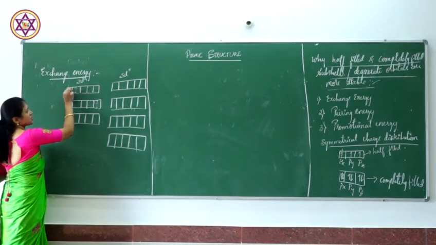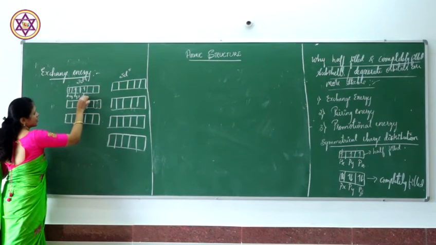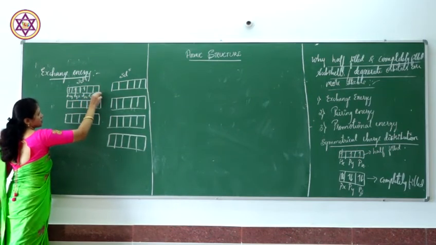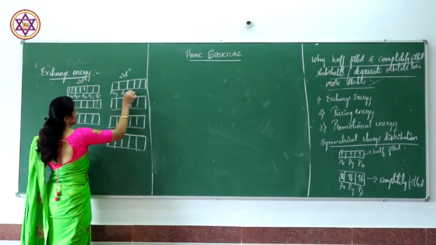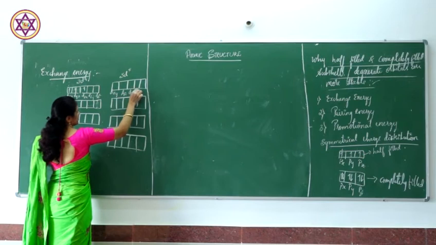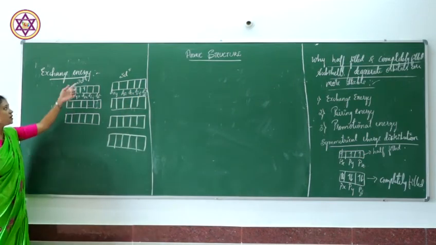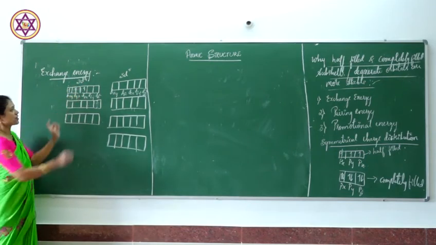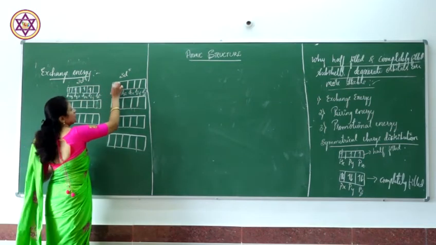Here 3d4 has dxy, dyz, dzx, dx square minus y square and dz square, and 3d5 also has dxy, dyz, dzx, dx square minus y square and dz square. In 3d4 I can place 4 electrons, 1, 2, 3, 4. In 3d5 there are 5 electrons.